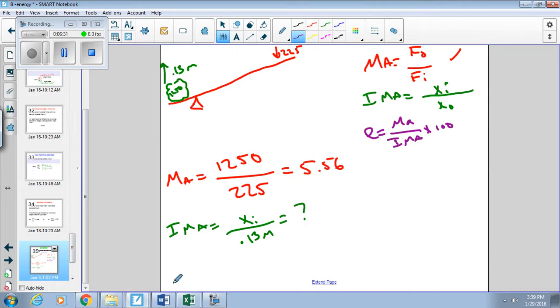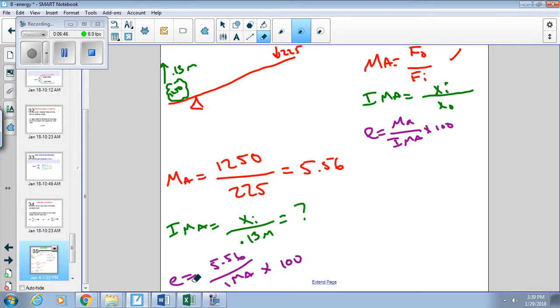The last one, our efficiency, that should equal 5.56 over IMA times 100. And our efficiency is given to us at 88.7. That means we can solve for ideal mechanical advantage and then place it over here.